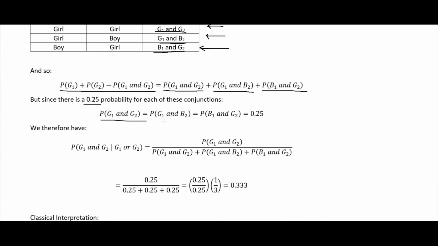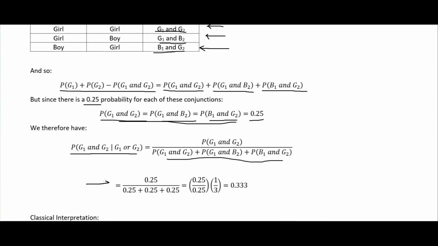So we know that each of these is equal to each other and equal to 0.25. And so we therefore have the probability of the first one being a girl and the second one being a girl, given that one is a girl or two is a girl, is equal to this, where I just put this right here down in the denominator, and then the probability of the first one being a girl and the second one being a girl in the numerator.